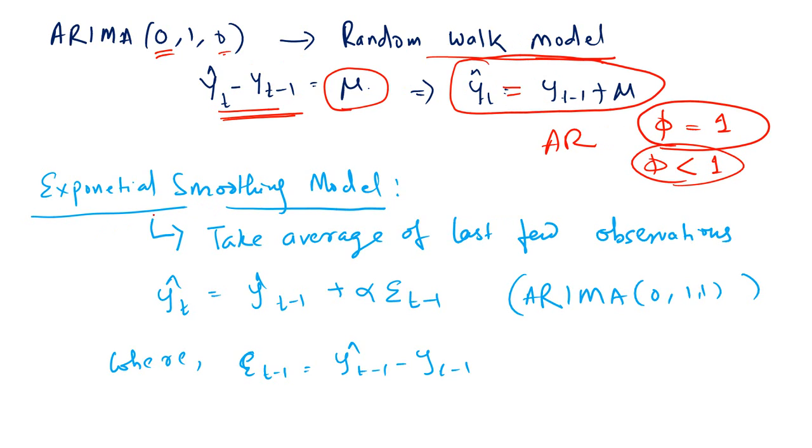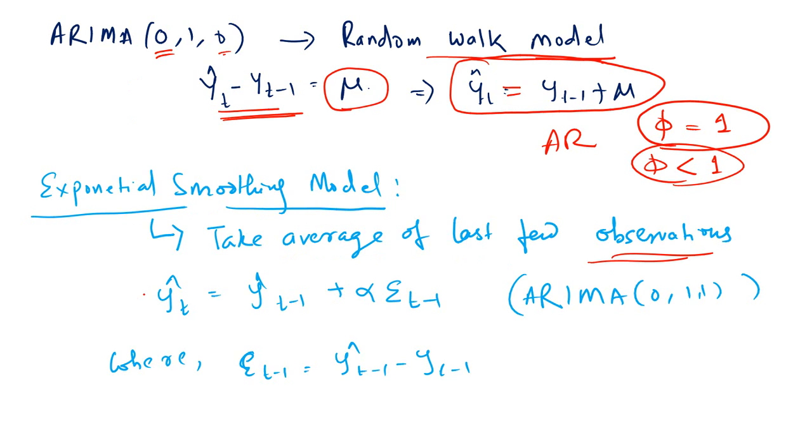There is another special case of model known as exponential smoothing models. Normally we don't consider these to be the typical econometric or statistical models which are part of the ARIMA models, but it can be proved that the exponential smoothing models can also be considered as some kind of an ARIMA model. What happens in an exponential smoothing model is it takes the average of the last few observations.